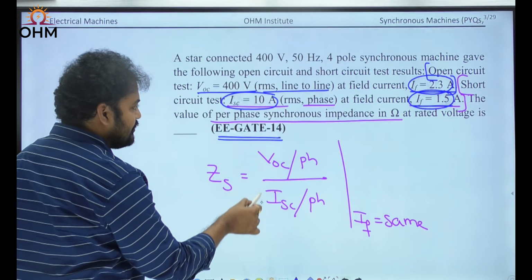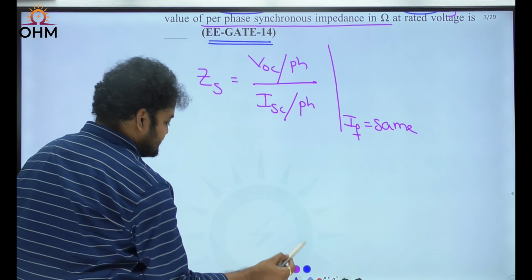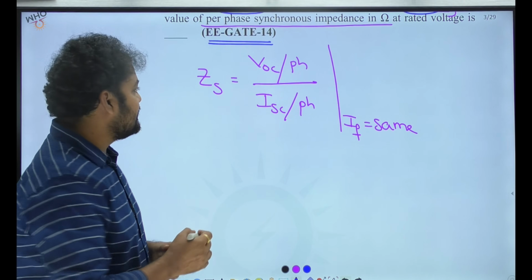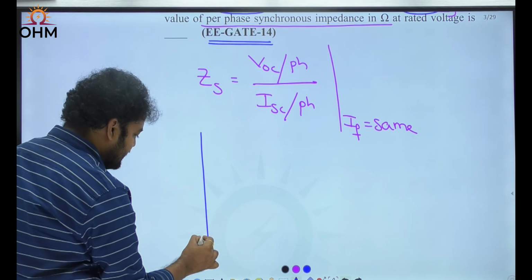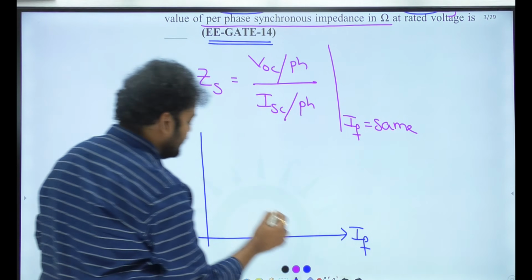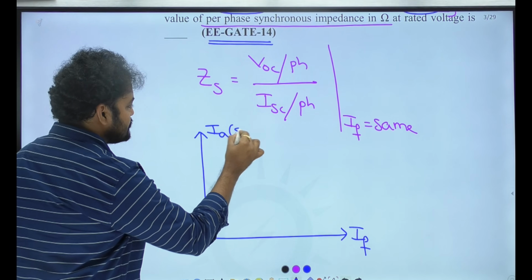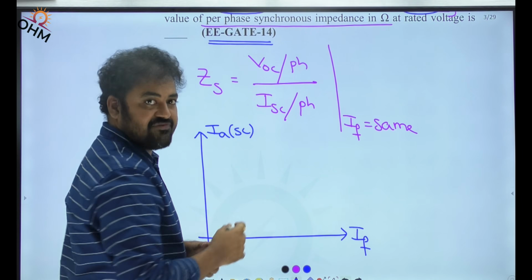We know short circuit characteristics are linear. Yes, in a synchronous machine short circuit characteristics are linear, like a straight line passing through the origin. Short circuit characteristics are drawn between short circuited armature current versus field current.